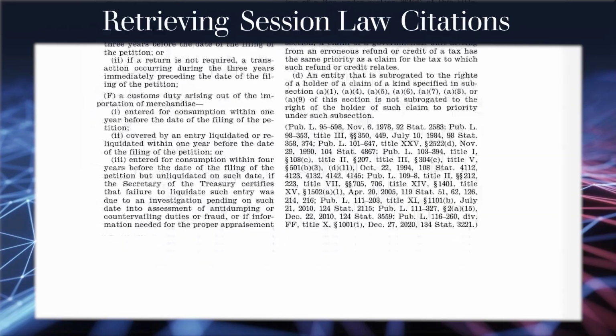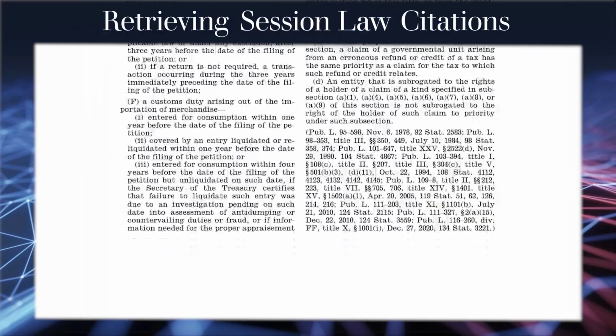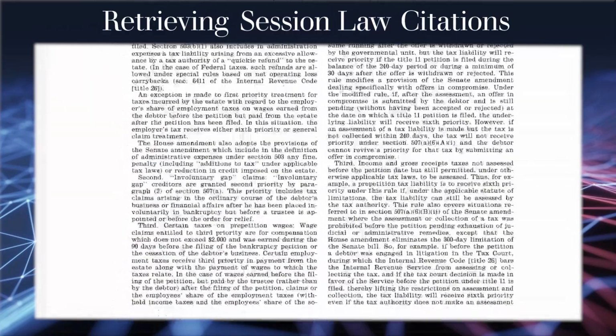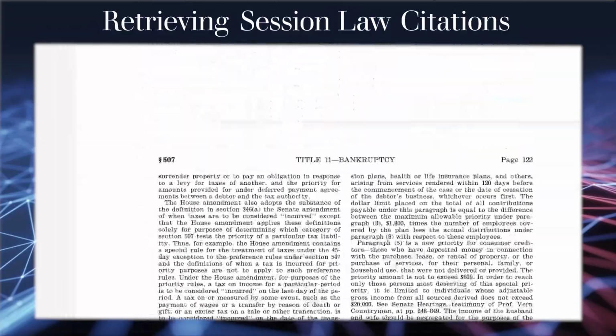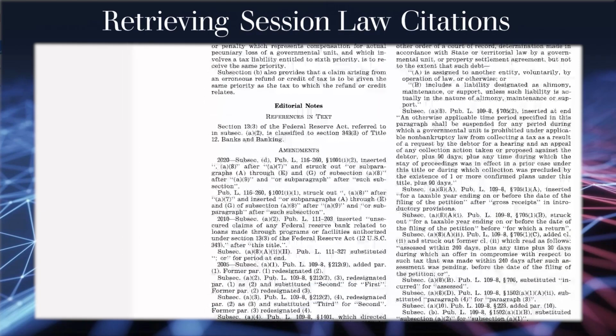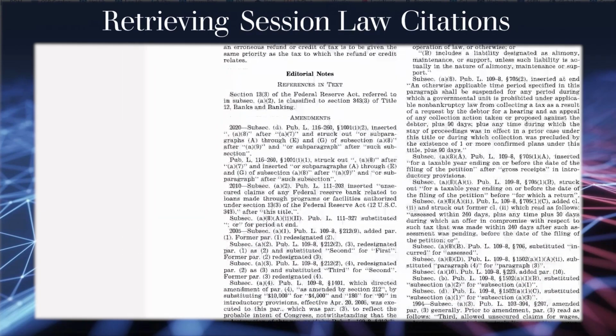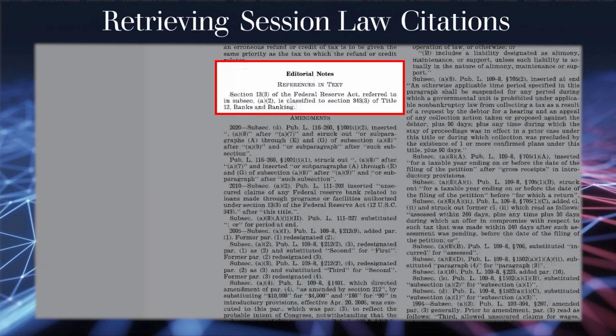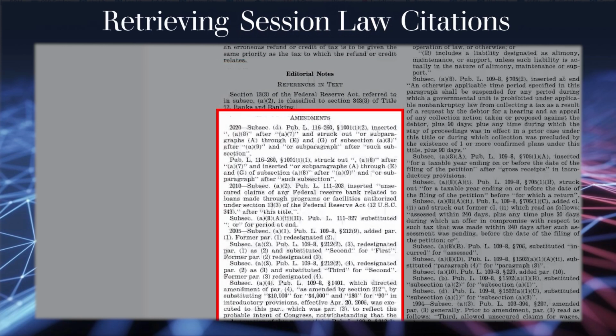You will next want to figure out which one of those public laws enacted the language you are researching. As we will see later, this is a bit easier if you are using a paid database, but the official version of the U.S. Code can help too. In the official version, after the credits section, you will typically see a heading that says Editorial Notes, and under that heading will be a list of amendments.